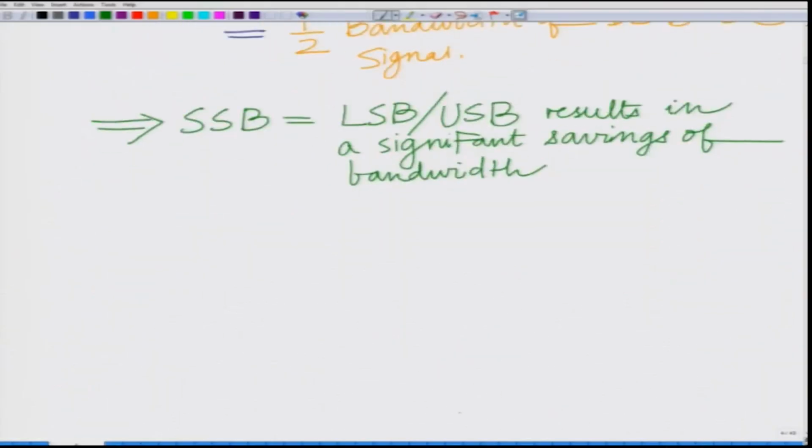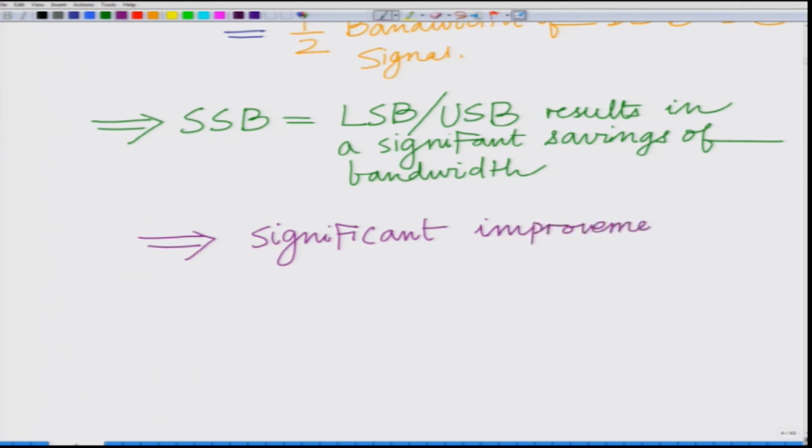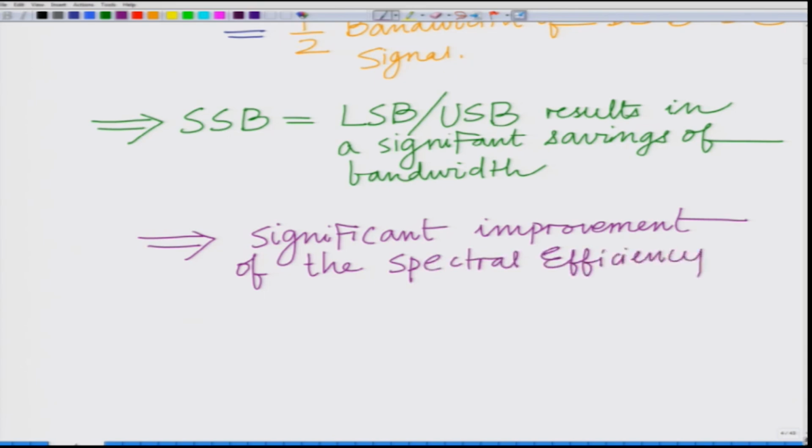So, this leads to a significant improvement of the so called spectral efficiency of the system.